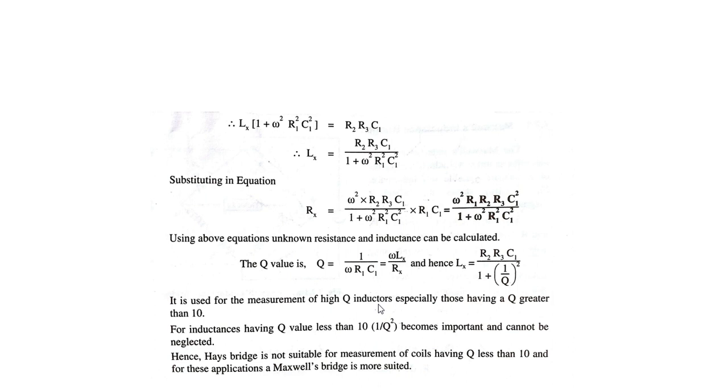See carefully how it is solved. It is solved for Lx. So if you calculate this, Lx will be equal to R2 into R3 into C1 divided by 1 plus omega square R1 square C1 square.